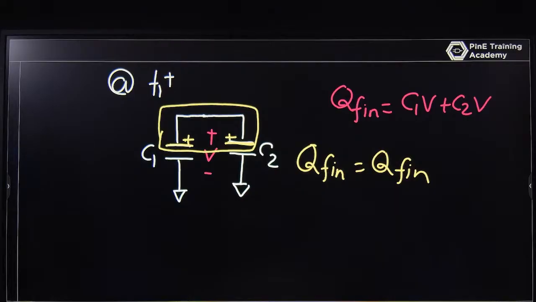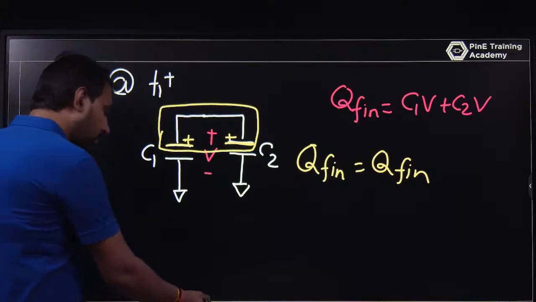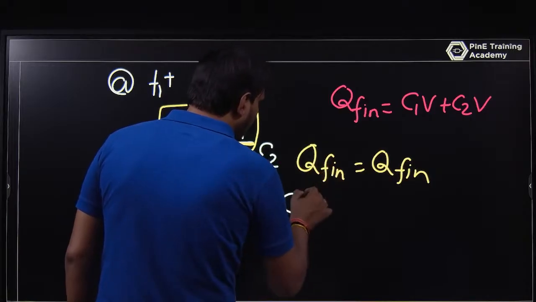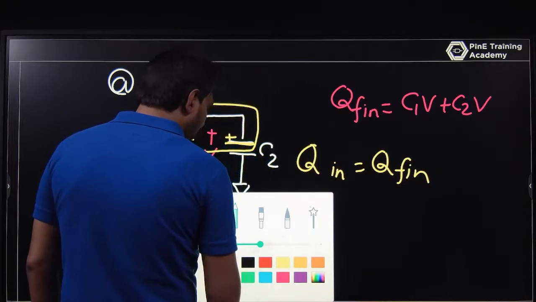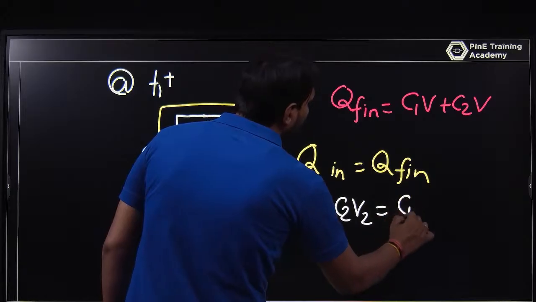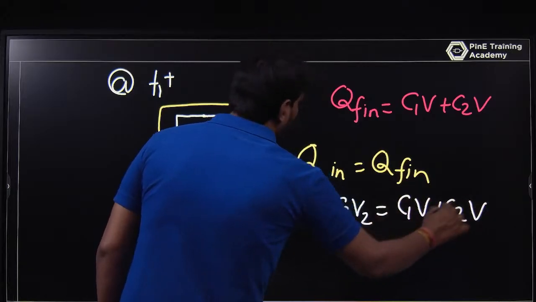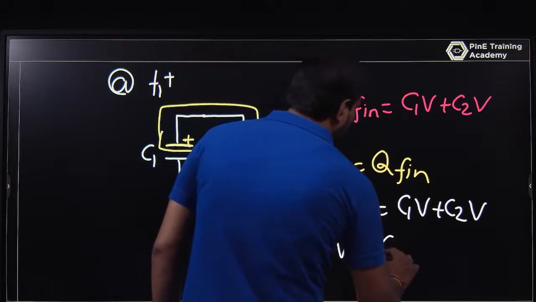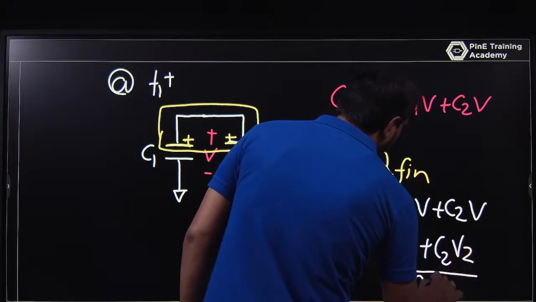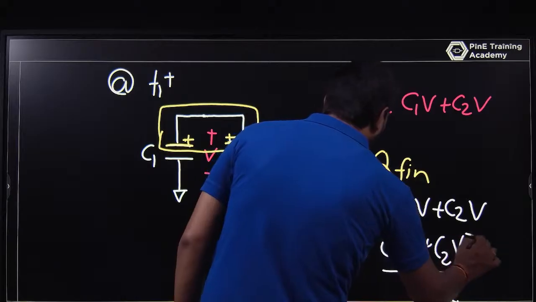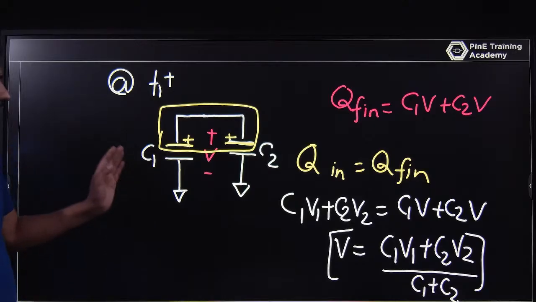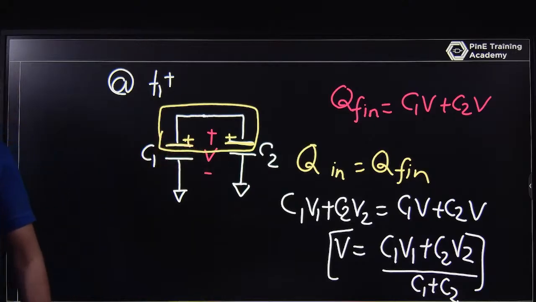So you write C1 V1 plus C2 V2 is equal to C1 V plus C2 V. And V is equal to (C1 V1 plus C2 V2) divided by (C1 plus C2). This is the level of the bucket, the voltage that will result, so that both have the same voltage.